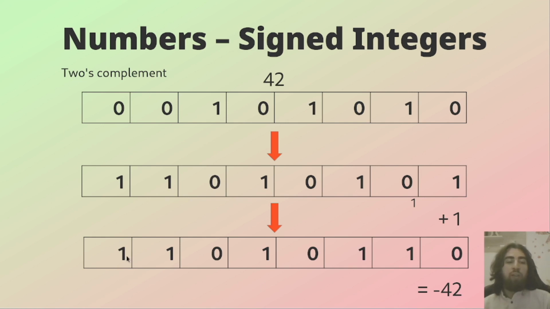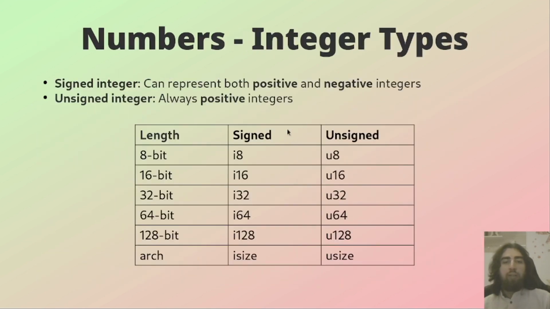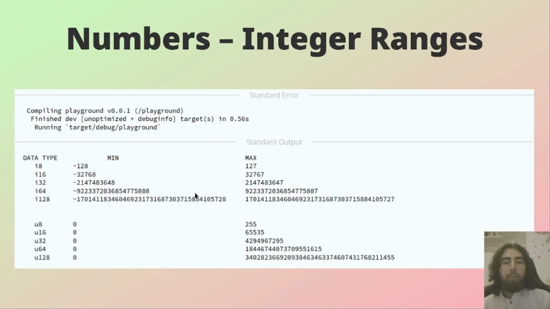Now the most significant bit over here is actually the sign bit. If it is 0, then it means the number is positive. If it is 1, then the number is negative. All right? And that's why there are distinct types for signed and unsigned. And the ranges for signed and unsigned integers vary, right? And over here we have an illustration just to see the ranges.